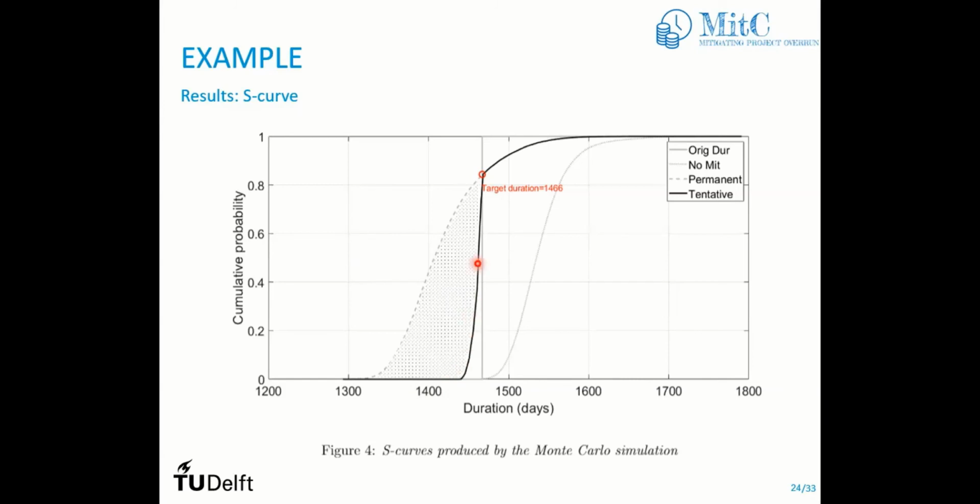And of course, the black one corresponds to the mitigation controller. As you can see, this curve is a bit slimmer, it's closer to the target. And by the way, this line here is our target duration, in this case 1,466 days. This is an input that we give. And the mitigation controller curve is very close to that one.